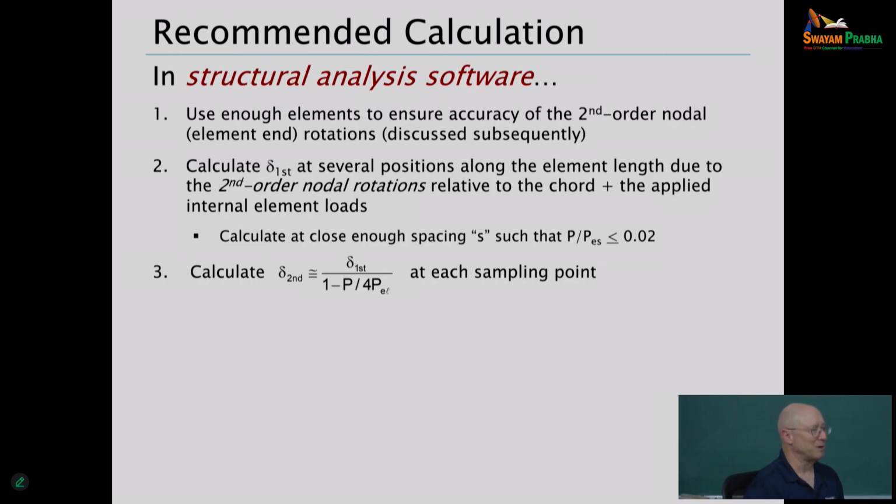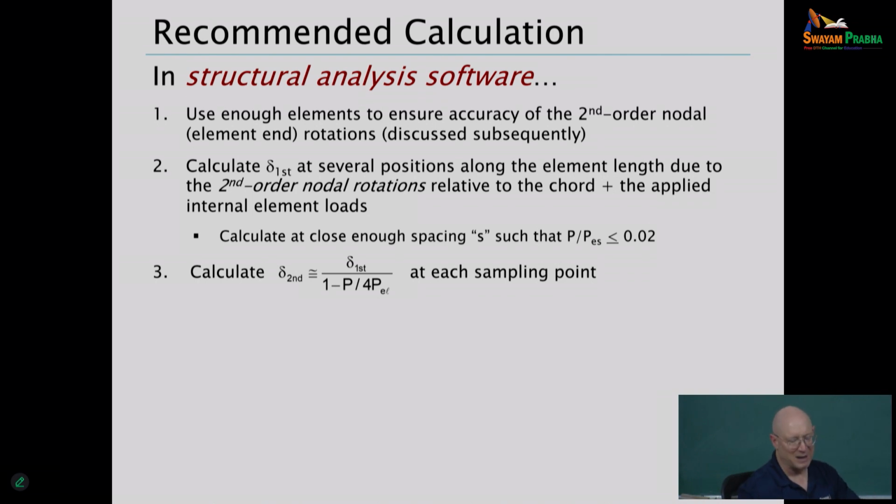Now, where's the 4 come from? What you can think of here is you've already solved for the nodal displacements or the nodal rotations relative to the chord at the ends of the element. So it's locked in that position.